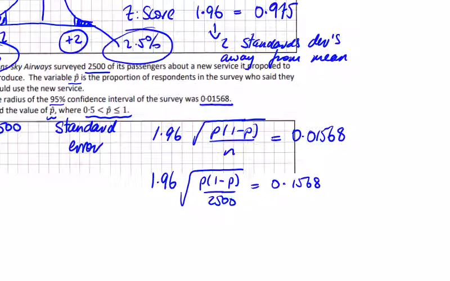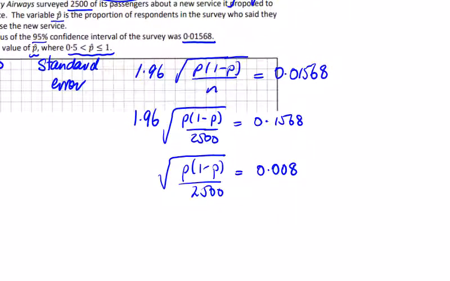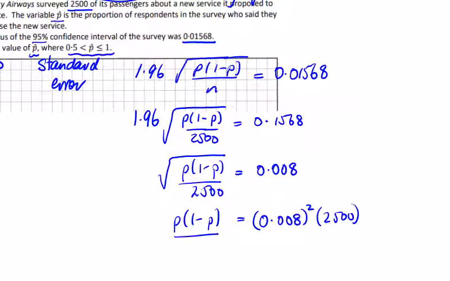So if I divide by 1.96 rather than squaring, I can get the square root of P times 1 minus P over 2500 is equal to, that's going to give me 0.008. So if I square both sides, P times 1 minus P over 2500 is going to be equal to 0.008 squared. So I'm actually going to bring the 2500 over to it, and then I can multiply it out.